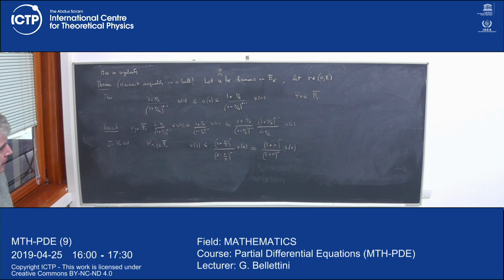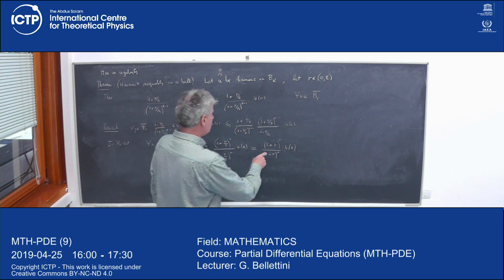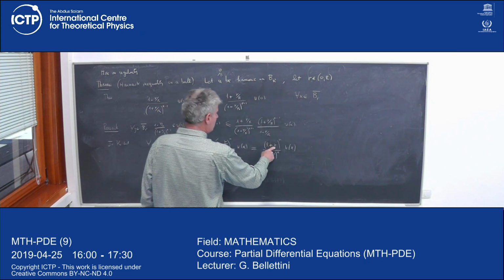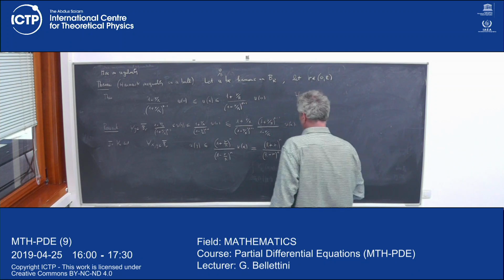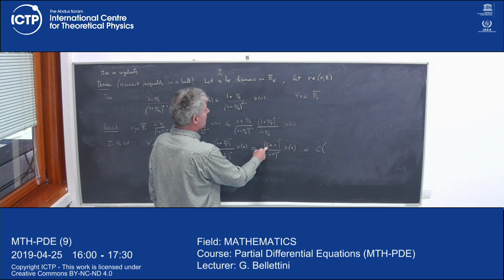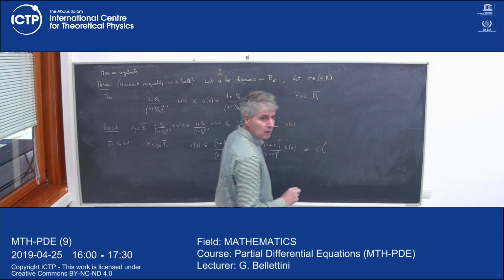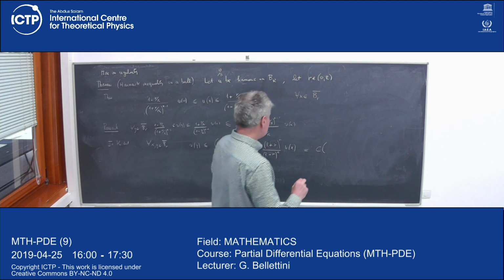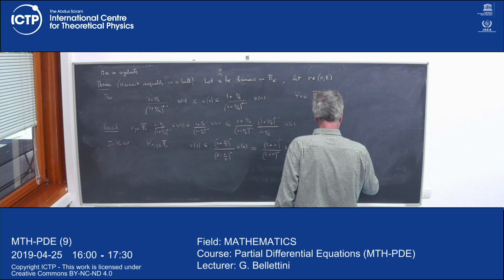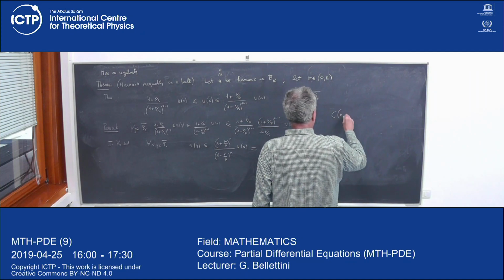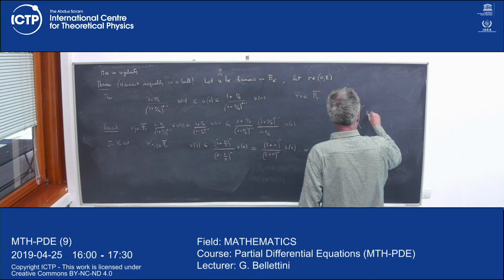Notice that once you fix the big ball, there is a constant depending only on the small r and the dimension, such that u(y) is at most C times u(x).